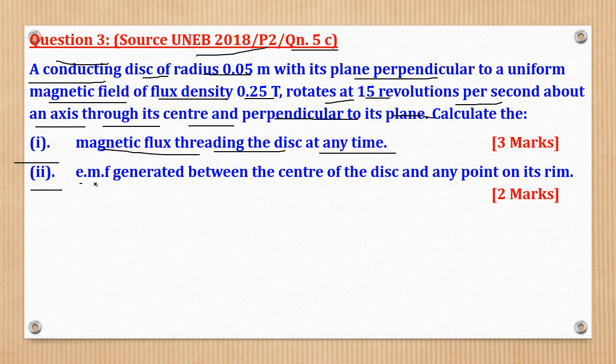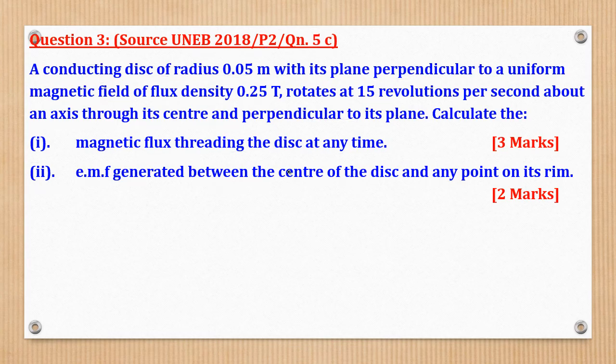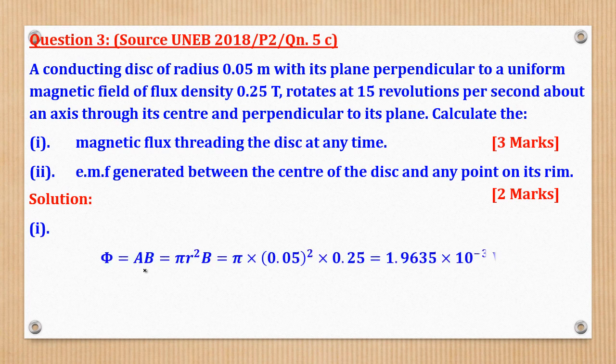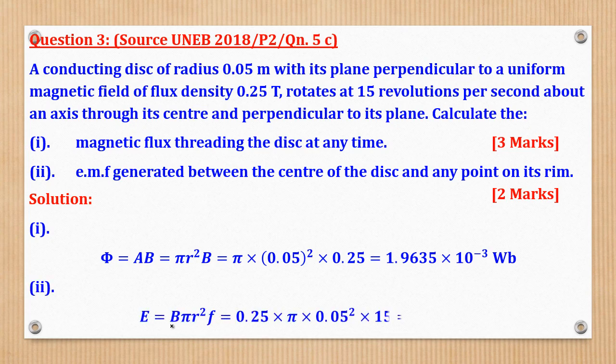Roman 2, the EMF generated between the center of the disc and any point on its rim. So flux is that, area is pi r squared, substitute the flux density and you get the flux. Then Roman 2, the EMF generated, which is B pi r squared F, substitute and get the answer.